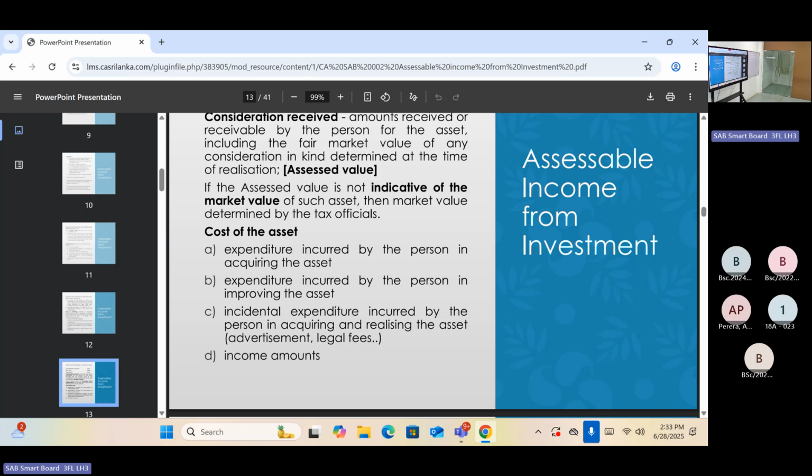We need to pay a bonus to a director or an employee. You know that under employment income, directors are also considered employees. We need to pay them a bonus, but we don't have cash. Therefore, to compensate the bonus, we are giving 2 blocks of land.